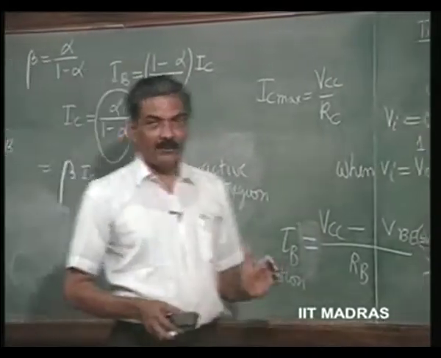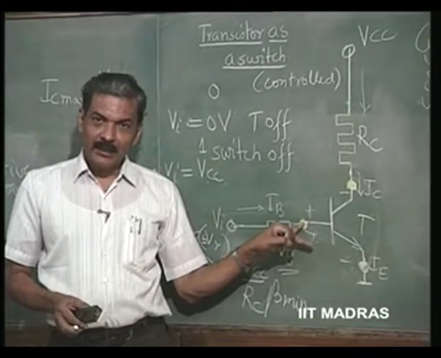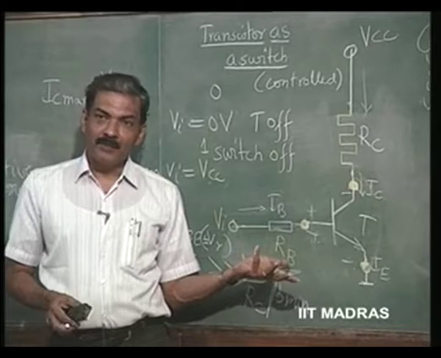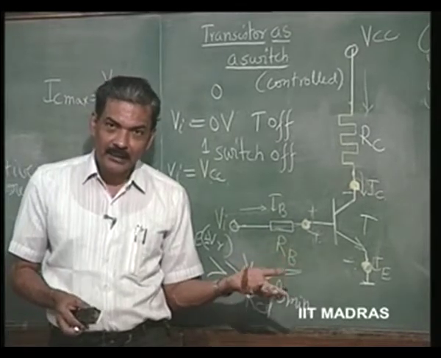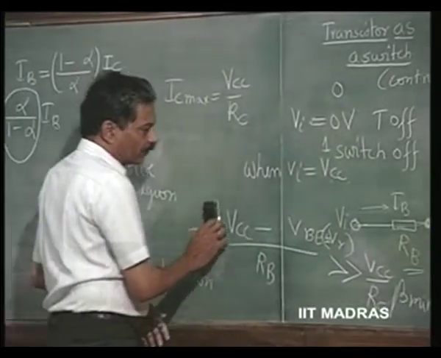Whereas, in the case of an amplifier, the input to be considered is at the base directly, and it can be changing depending upon the operating point and the linearity you want, and the dynamic range you want.